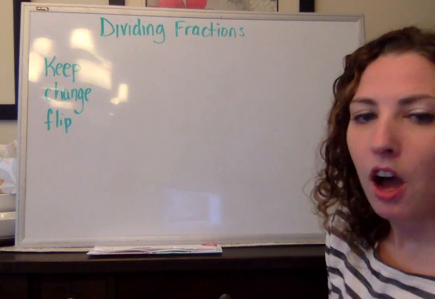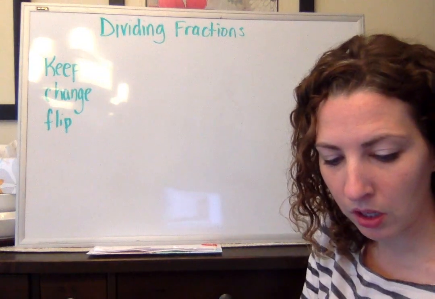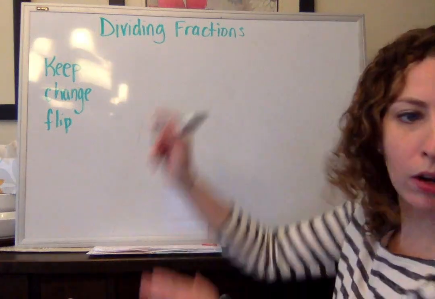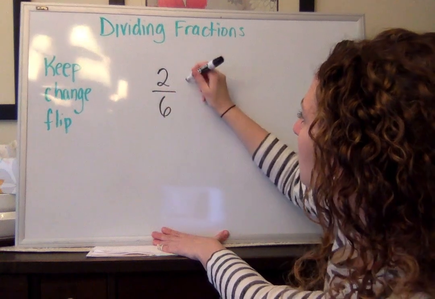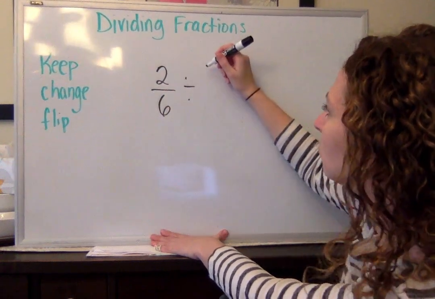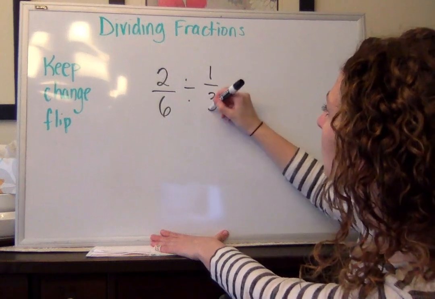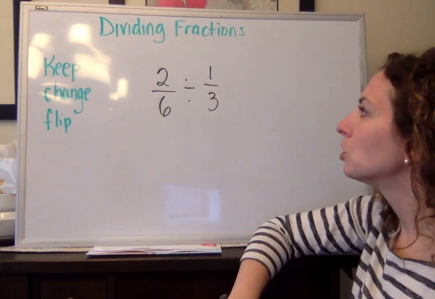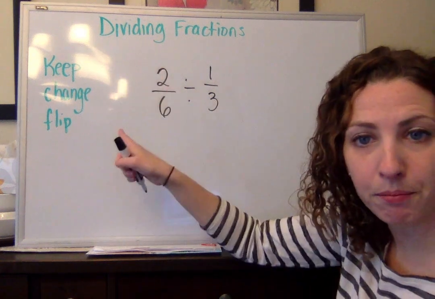Okay? All right, the next one I want to try is, let's do, I don't know, 2 over 6 divided by 1 over 3, 1/3. Okay? 2/6 divided by 1/3. Keep, change, flip.